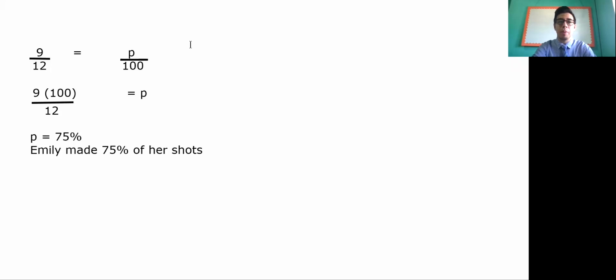So I'm going to solve with you the other example, the example below that says try it. For example, Camila makes 2 of her 5 shot attempts. Is the percent of shots she made more than, less than, or the same as Emily's percent of shots?